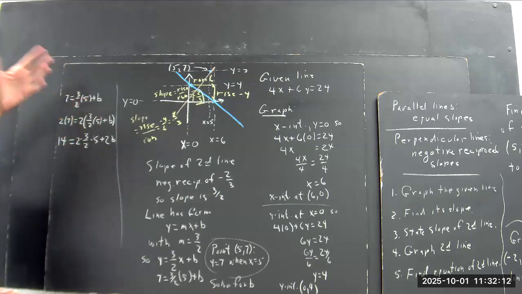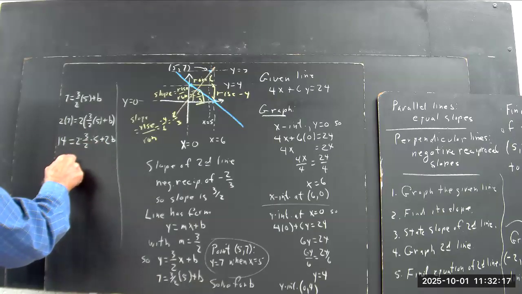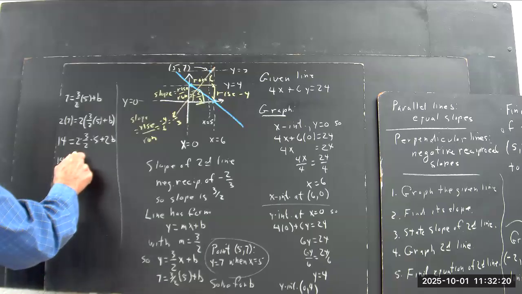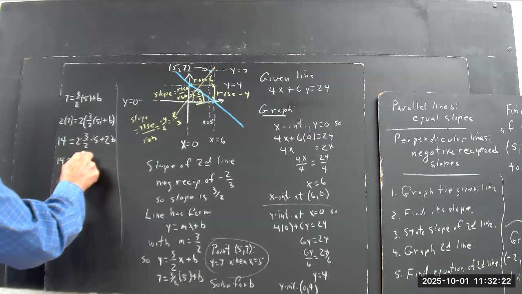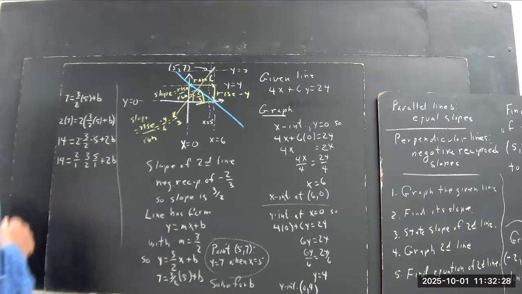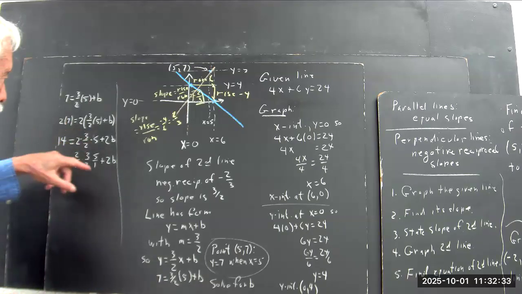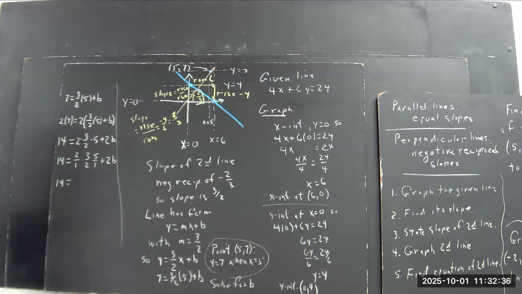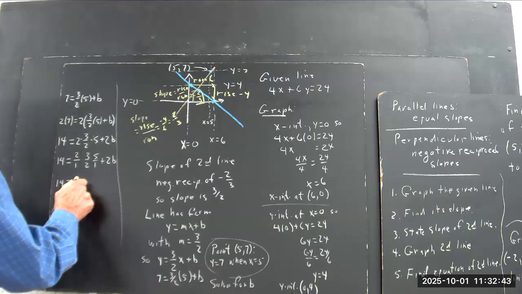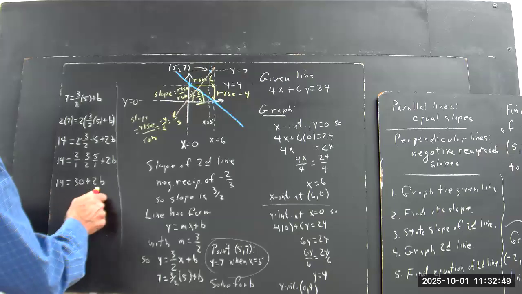Now, you could have done 3/2 of 5, but I'm just going to save all the multiplication for this stage. That's just writing the 2 and the 5 as fractions so we can keep straight what gets multiplied by what. We multiply the numerators. 2 times 3 times 5 is 30. So we get 14 equals 30 plus 2b.